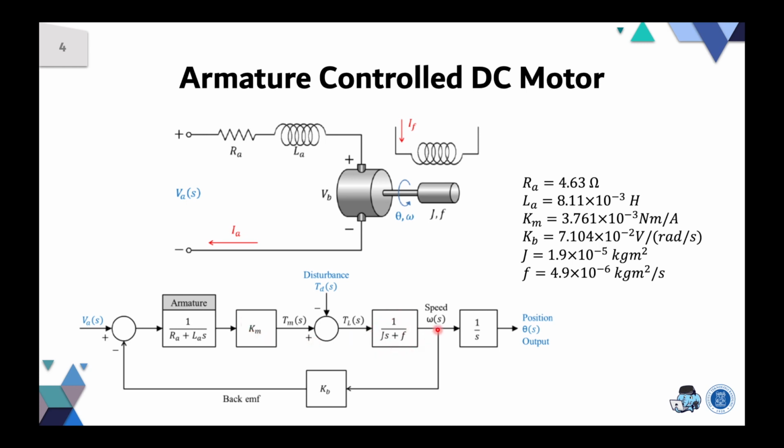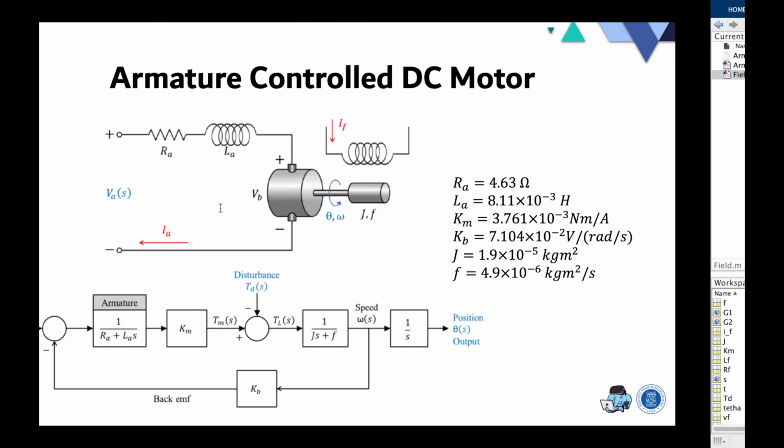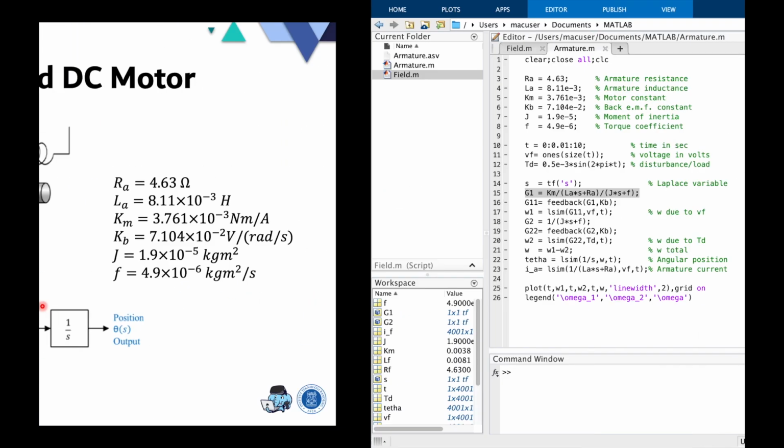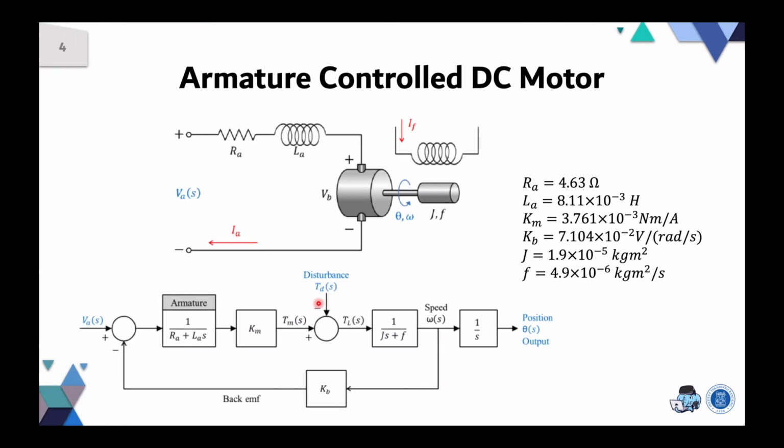But we have to include this effect. Actually this G1 is valid only for the field controlled case. For this case we have to include this.